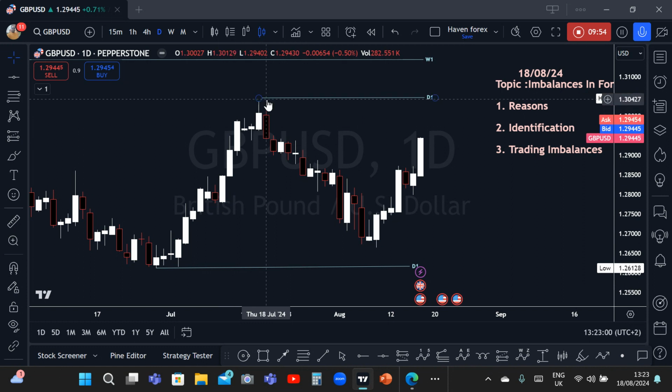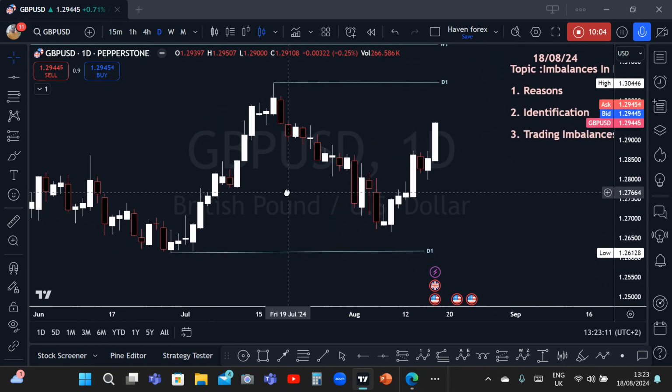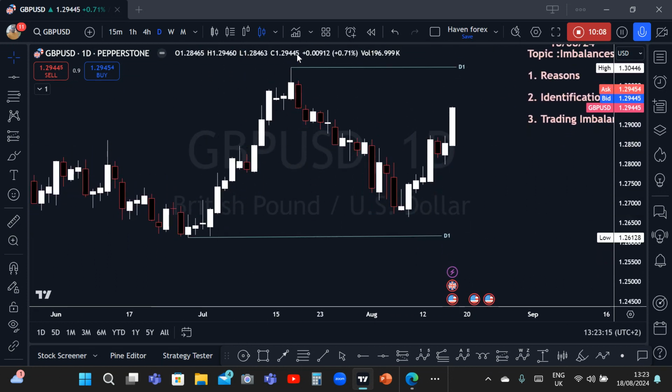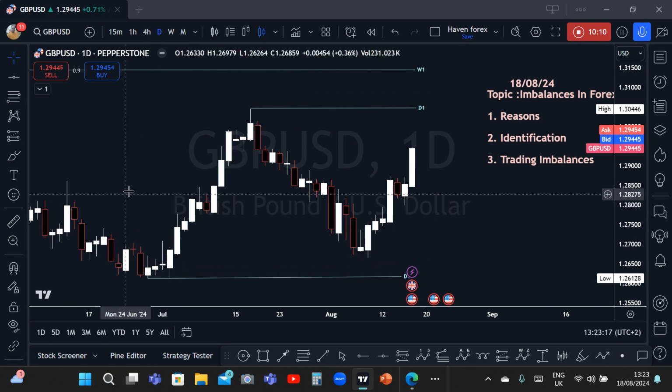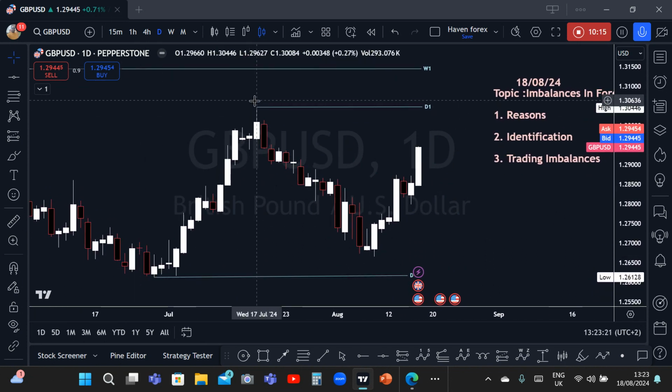At this point, this is an opportunity for you to counter trade, you follow it down. But that is for advanced traders. If you are a beginner, stick with just a trending market. Trade when price action is trending up or down, when it's bullish or bearish.